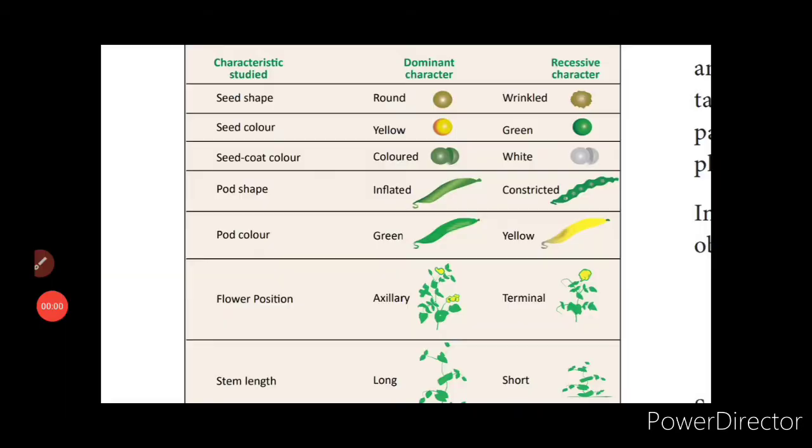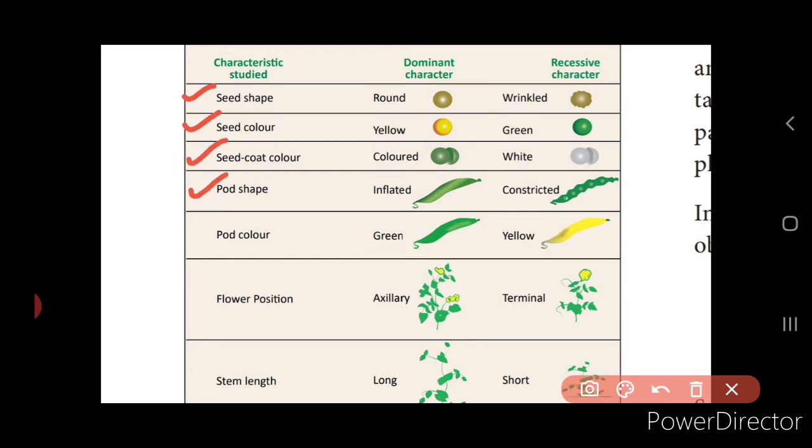Now what do you mean by these characteristics? He has chosen 7 pairs of contrasting characters for study. Now what do you mean by contrasting characters? Let's see that. These are the 7 pairs of contrasting characters of the pea plant that was used by Mendel. The first one is the seed shape, seed color, seed coat color, pod shape, pod color, flower position, and the stem length.